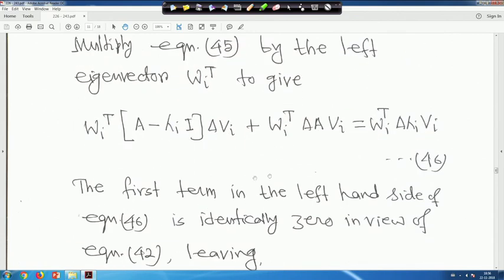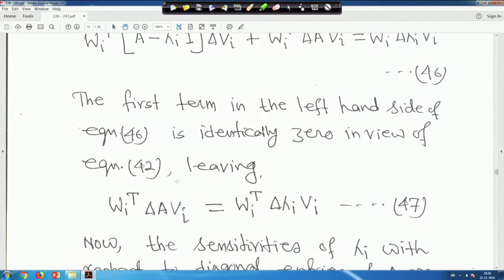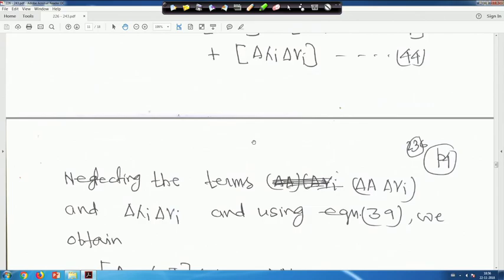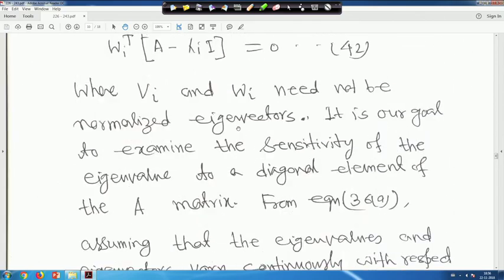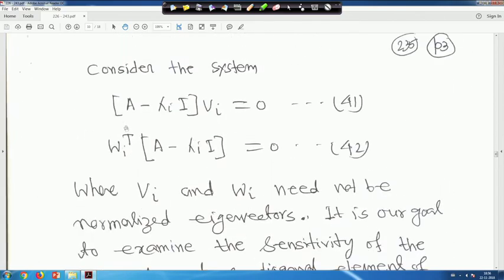The first term on the left-hand side of equation 46 is identically 0 in view of equation 42, where multiplying w_i transpose into (A minus lambda_i I) gives 0.